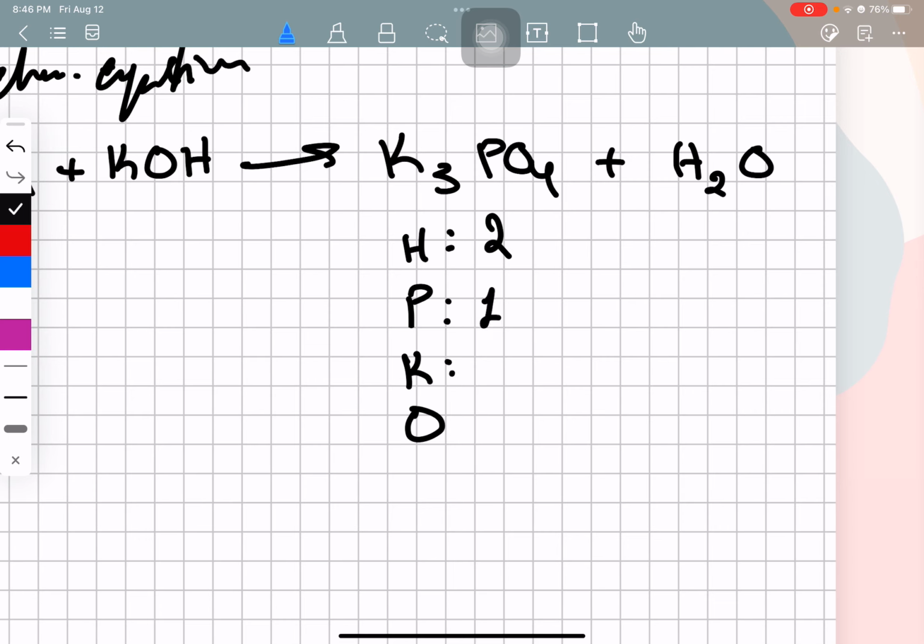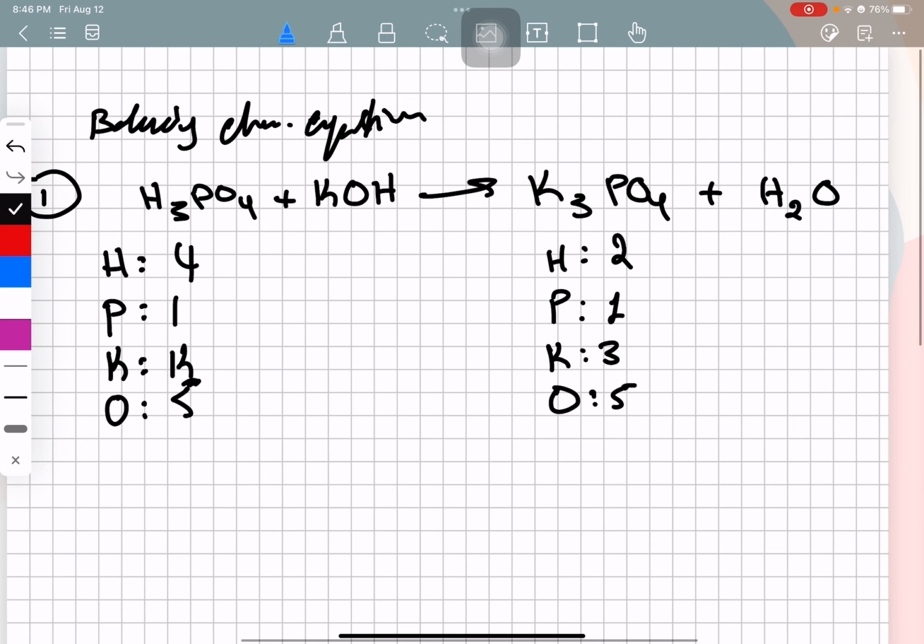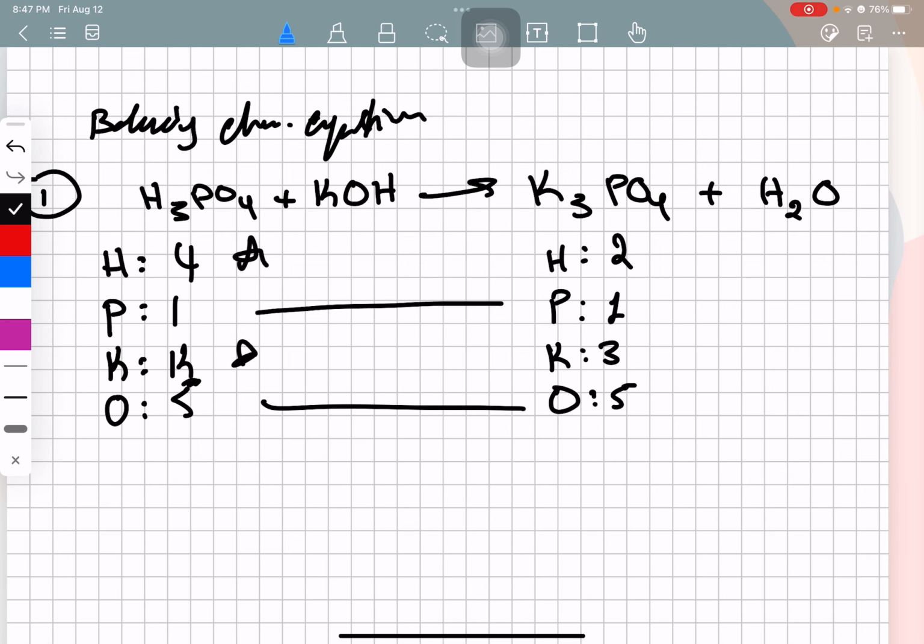How many potassiums? K? So we have 3, as you can see here. So that's 3. And how many oxygens? Well, we have 4 and we have 1. So that's 5. Okay, so at a glance, when I'm looking at this, I see that the 5s match, the 1s match, but I have a problem with the hydrogen and the potassium.